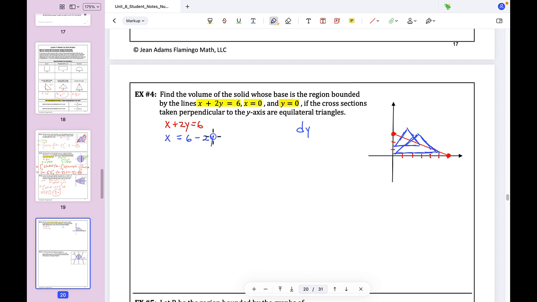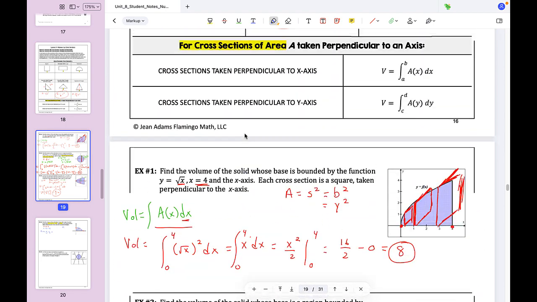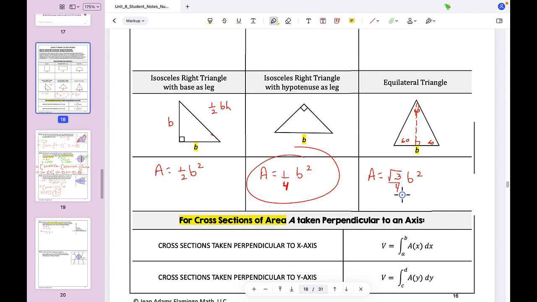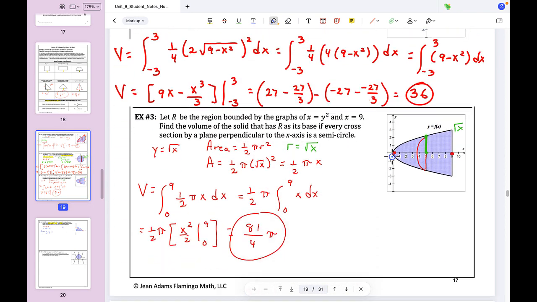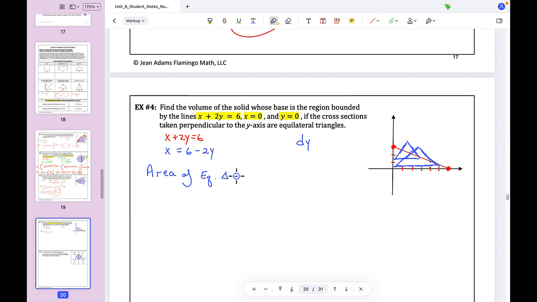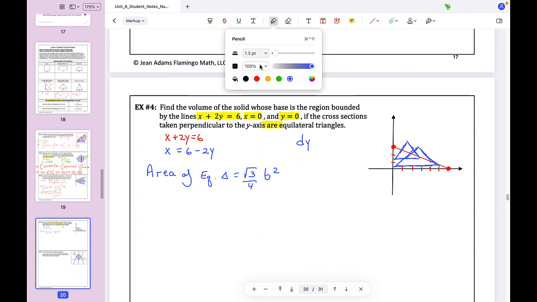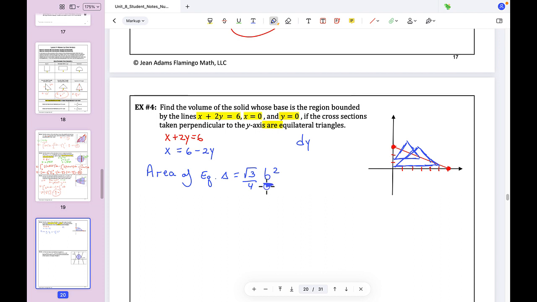All right, so now the area of an equilateral triangle, if you remember from up here, was square root of 3 over 4 times base squared. Now the base is what I have to figure out.